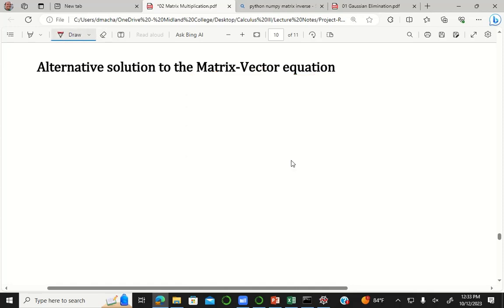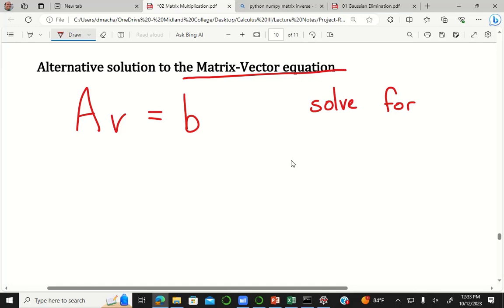Okay, so if you have the matrix vector equation AV equals B, and we want to solve for V, what I can do is look at this equation and multiply both sides by A inverse.